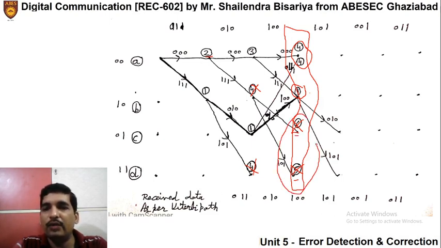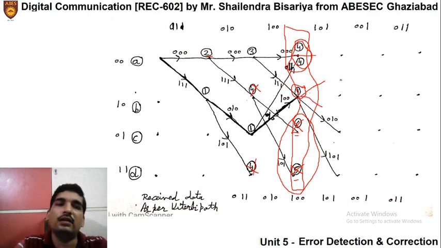They cannot be the minimum Hamming distance path. Only this one seems to be strong, and this 4 may be there, so we may continue with this path, or it seems that this is the best path. So we have to see where this is going further and what is the weight in the next case.